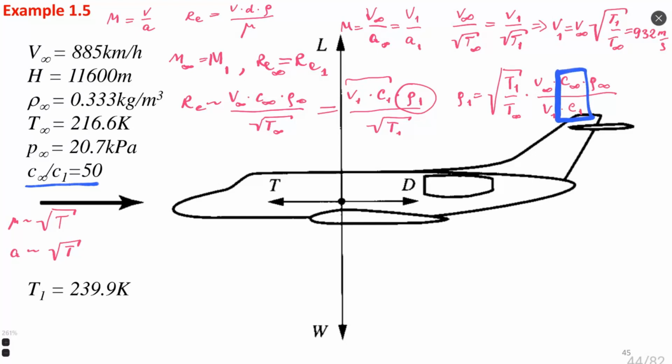We'll just change color to be more understandable. All other parameters we already have in numerical values. I will just need to substitute.